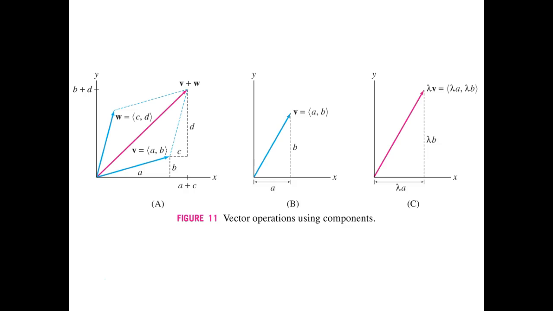You would have scaled back A and scaled back B, and that would have given you lambda B here. If the lambda were negative, it changes the direction. If it's negative with absolute value greater than 1, it lengthens it in the opposite direction. Between 0 and negative 1, it shortens it in the opposite direction. The minus sign does one thing, and the magnitude does the other.